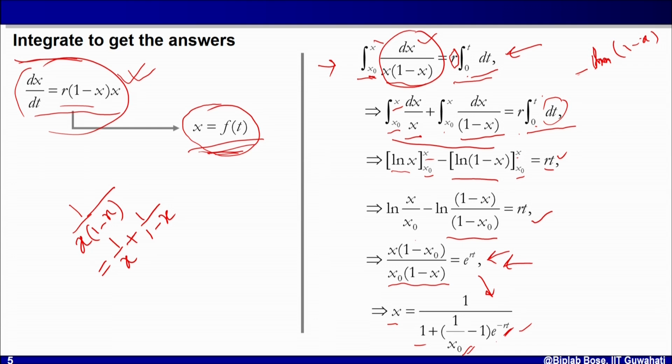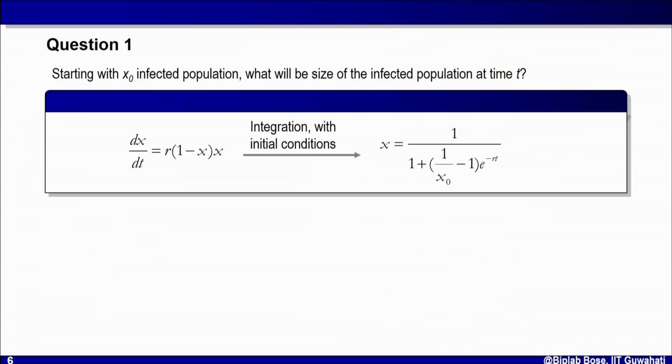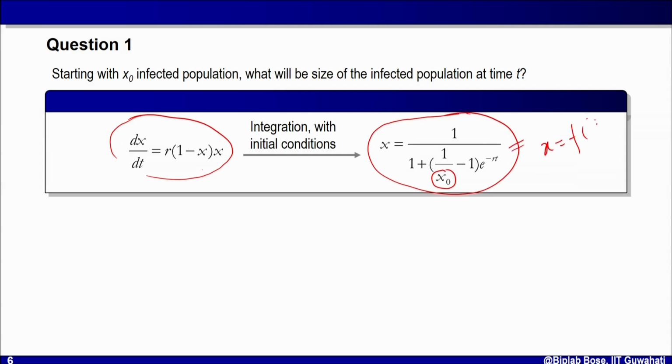So once I have an ODE, that is my model, I have integrated it with initial conditions. Remember, this is my initial condition at t equal to 0, x naught is my fraction of population infected. So I have integrated this ODE and I have got this function, x as a function of time.